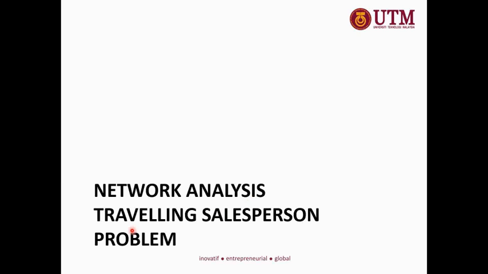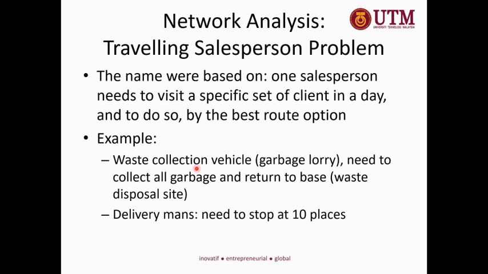So the second analysis in network is the traveling salesperson problem. The name is based on one salesman needing to visit a specific set of clients and to do so by the best route option. Usually this type of network analysis is used by postmen or the post office. They want to maximize the number of stops in the shortest time.